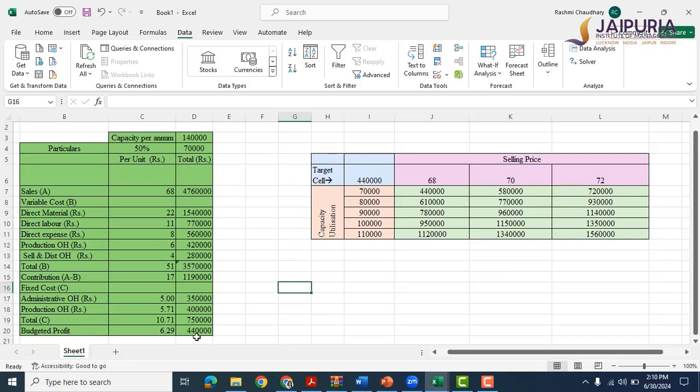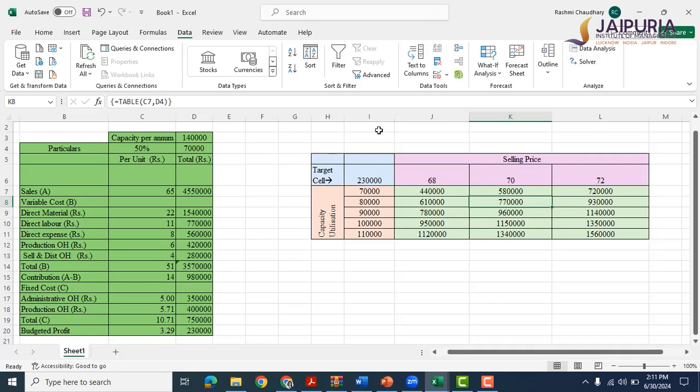So the profitability is 4,40,000, which was depicted here also, the same profitability. So in this manner, by changing the two components, that is the selling price and the capacity utilization, we are able to get the target cell, that is the profitability under each condition. So this is the profitability when the selling price is 70 and the number of units sold are 80,000. So this is the way wherein you can prepare the data table.